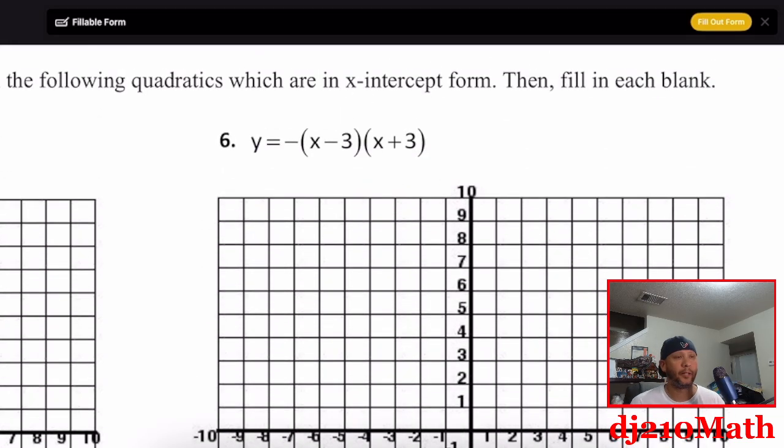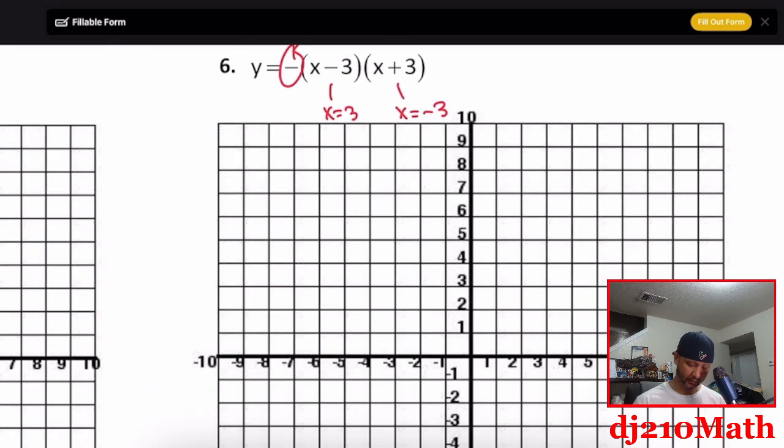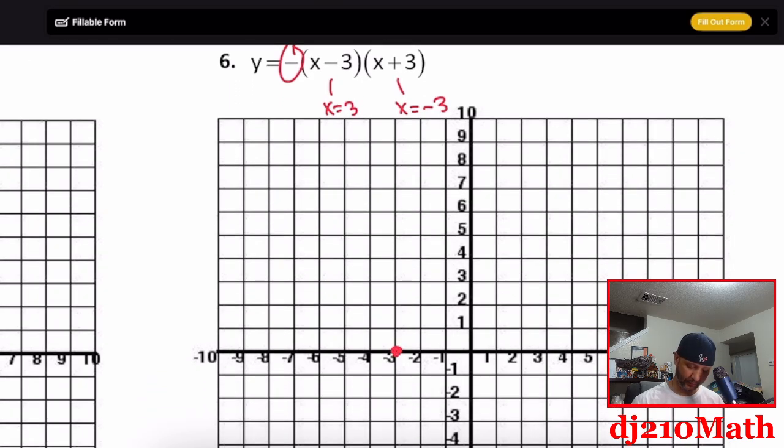Okay, number 6. A is definitely negative. So this tells us that it opens down. And the roots, x equals 3, x equals negative 3. So 3 to negative 3. It's nice. Negative 3, 3. We know it opens down.